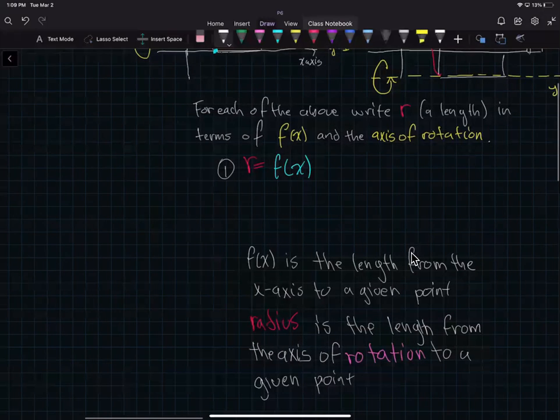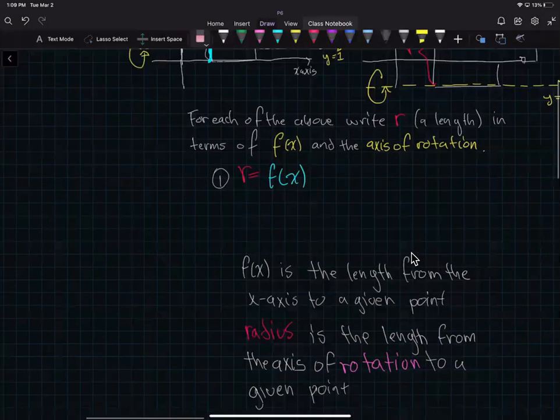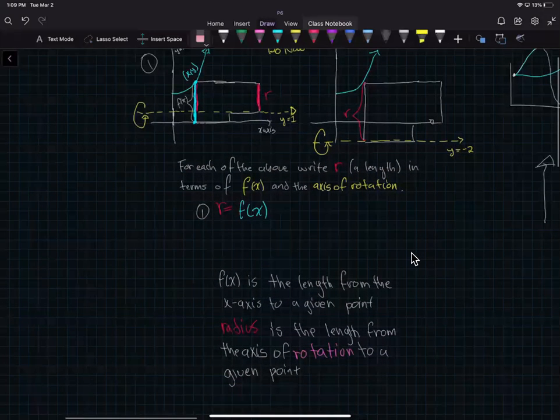So r is the length from the axis of rotation to a given point, which in this case, for the example of the do now, is going to be from y equal to 1 to the point x comma y. So this would be f of x minus 1.